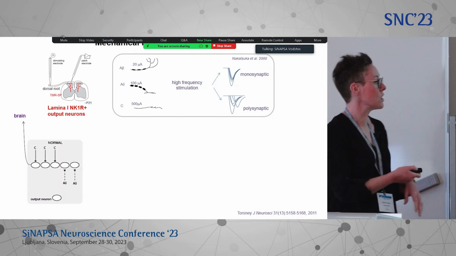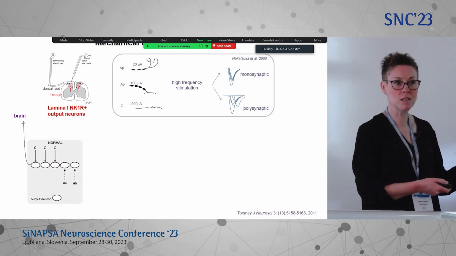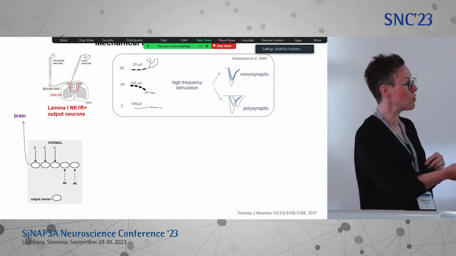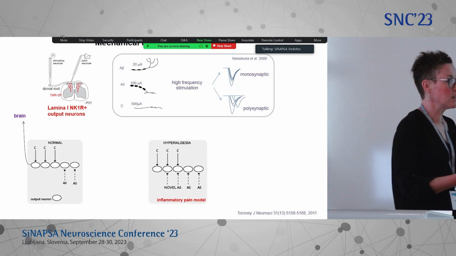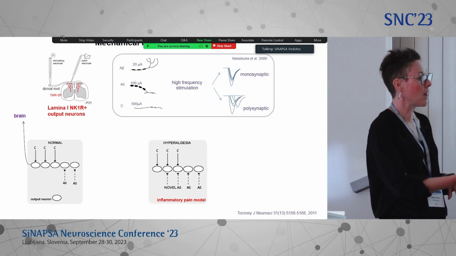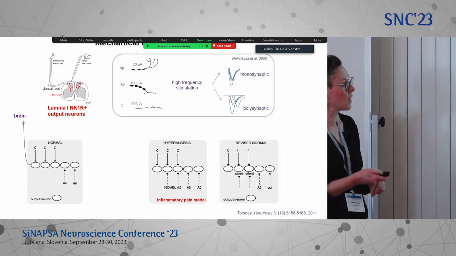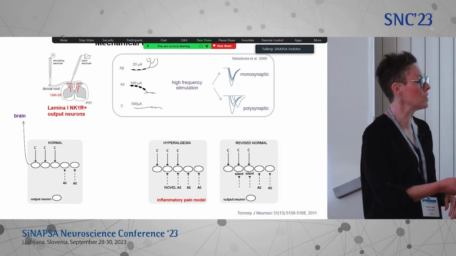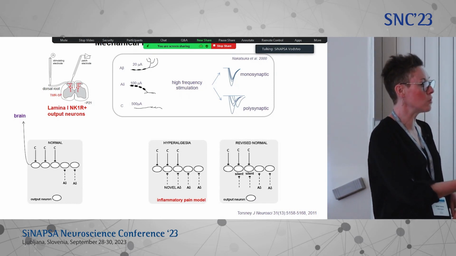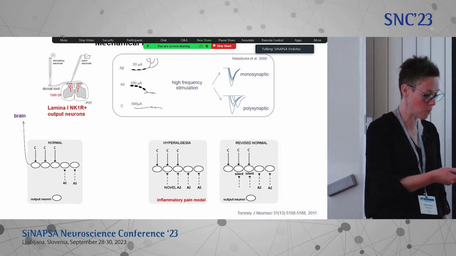So under normal conditions, these output neurons are dominated by direct C fiber input, but they also have some A delta input. But in an inflammatory pain model, they actually have double the amount of A delta input. But interestingly, if you look more closely at the control condition, it turns out that those A delta inputs are actually physically there, they're anatomically present.